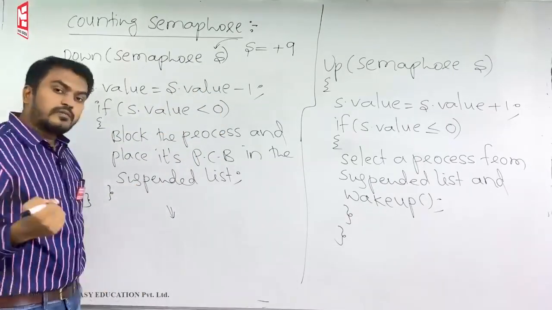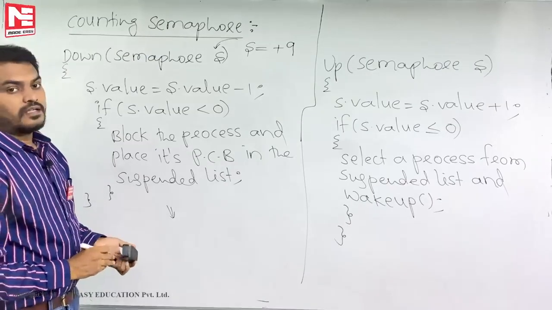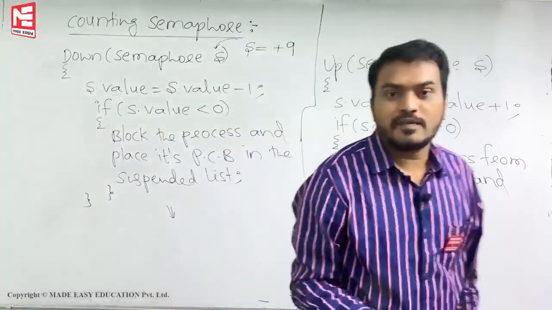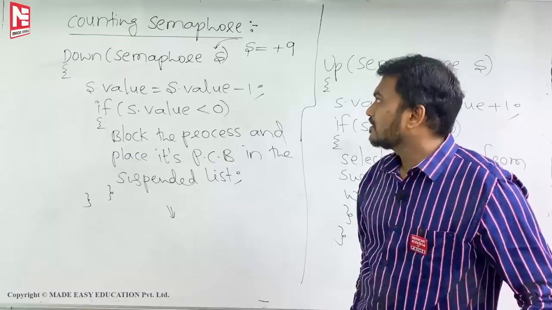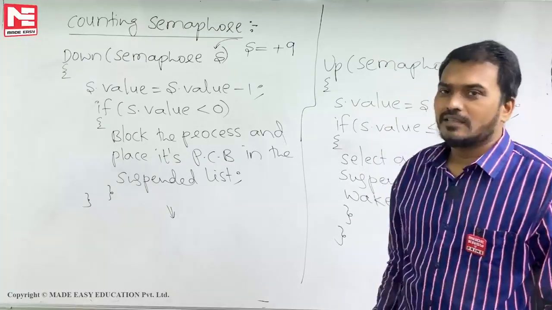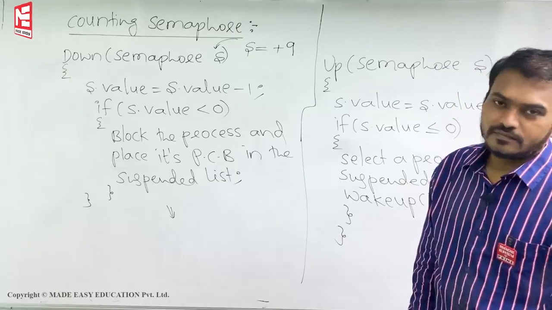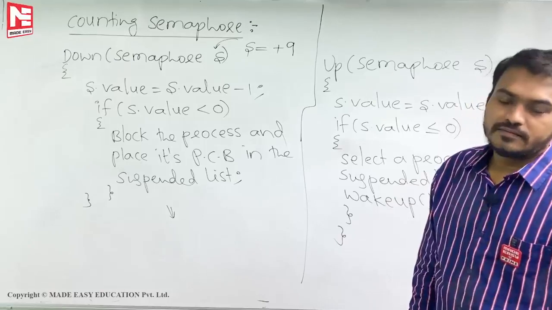Now tell me, how many successful down operations can we perform? 8, 9, 10, 11, 7? Think and tell me.